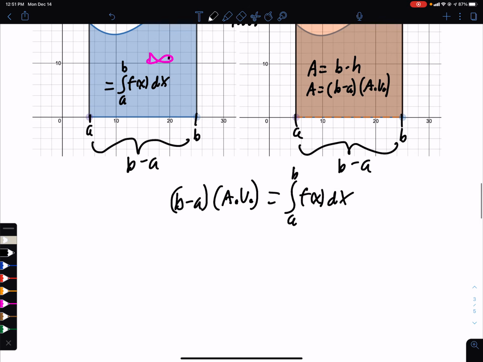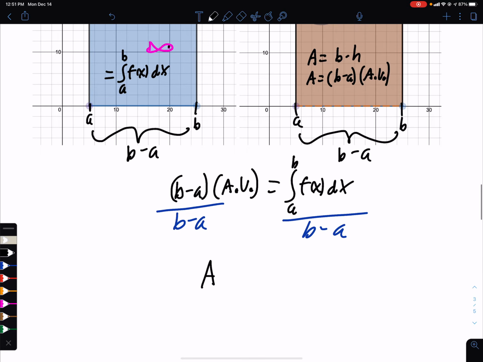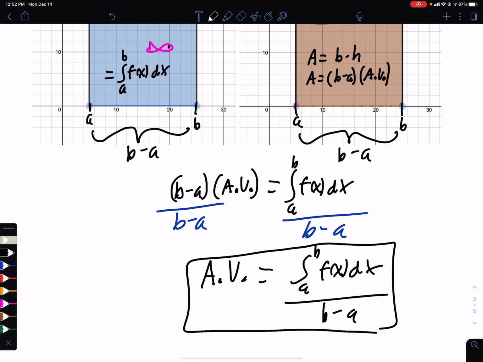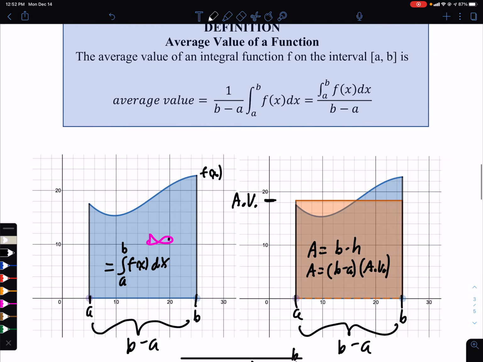So if I want the average value of my function, I divide both sides by B minus A. And so now I have the average value of the function is the integral divided by the width. There's my formula for average value, but that's this formula right here, which is the same as this one where the B minus A is out in front. Okay, so that's how you find the average value.